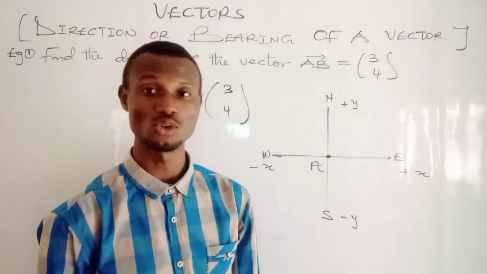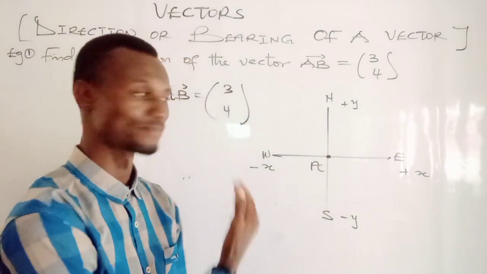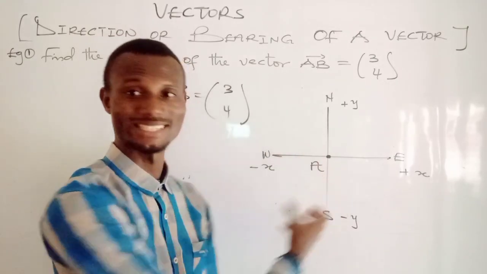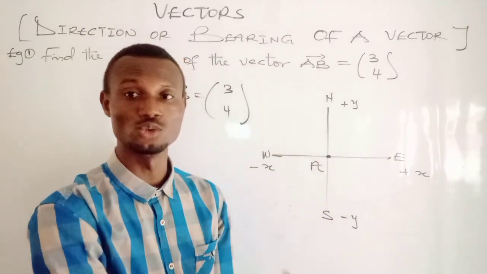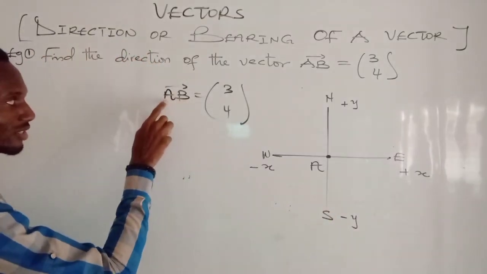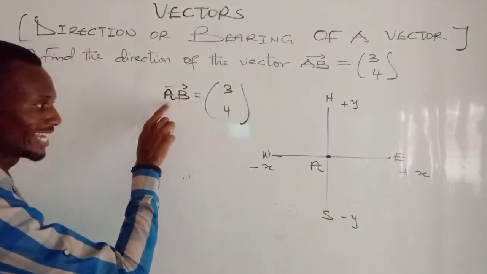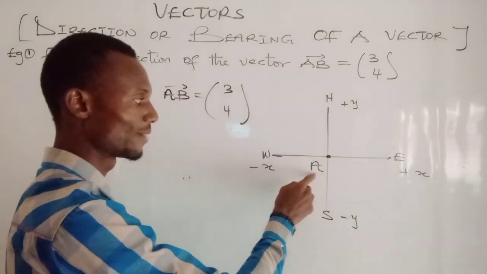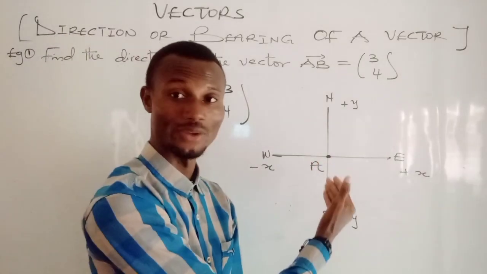So in simple terms, always let the first letter indicate the origin. Use the first letter to indicate the origin. So A, B, starting from A to B. A is the first letter, so you bring the A as the origin.